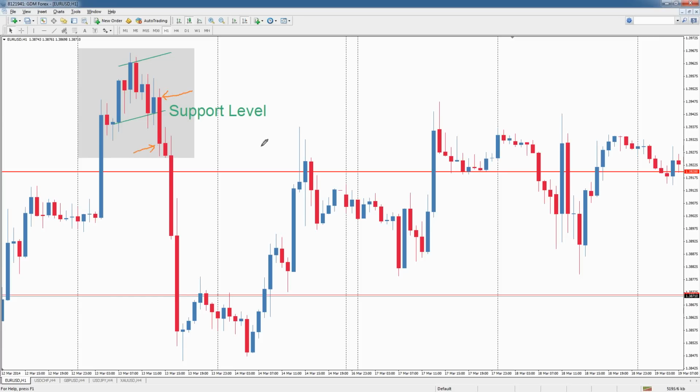When I see a candle like this, I would call it a signal candle, and I would place my sell stop position 5 or 10 pips below its bottom extreme. It's the lowest point it reached.